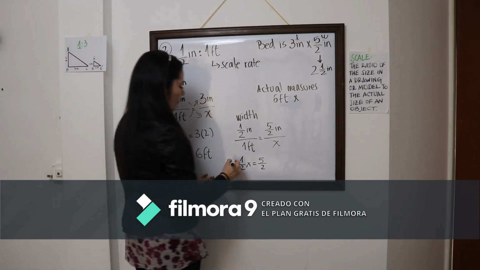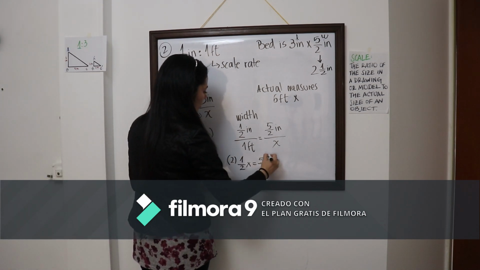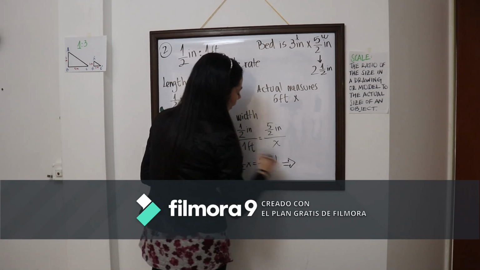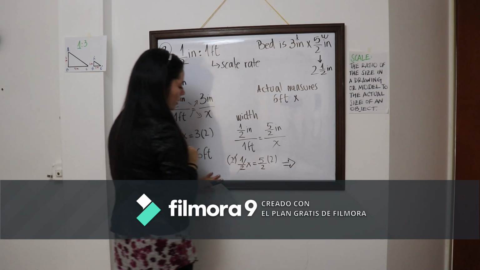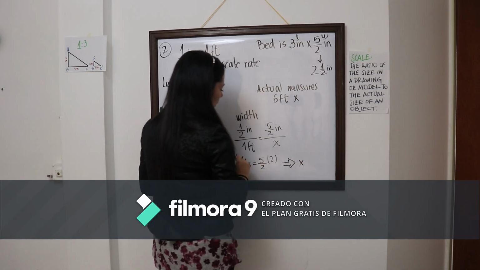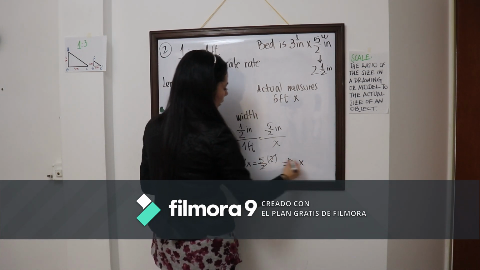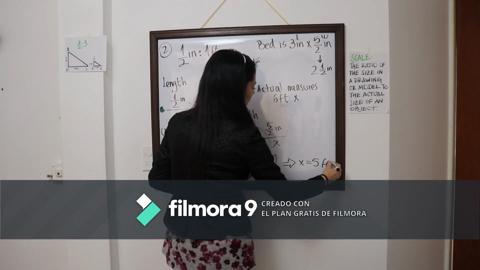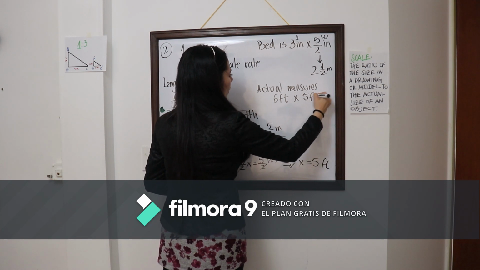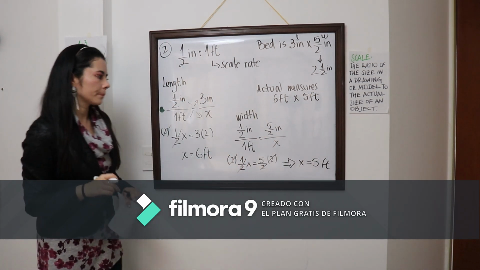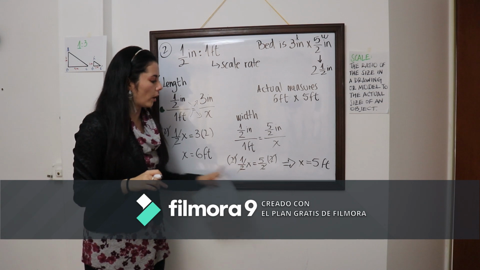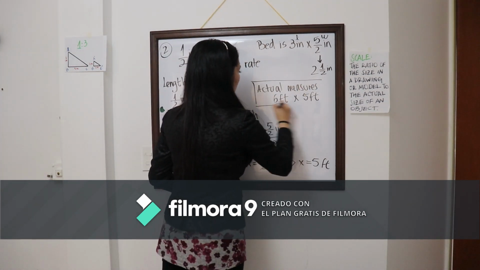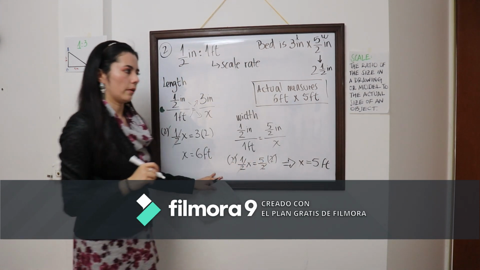And I need to use the reciprocal, so I'm going to multiply times 2 here and times 2 here. That actually makes everything way too easy because I cancel these here and I'm getting x, and I can cancel this 2 here, so I know it's going to be 5. And I know that, of course, it's going to be feet. So I know I have 5 feet. Okay? So these two are the processes I should be working with. And of course, my answer is going to be this one over here.